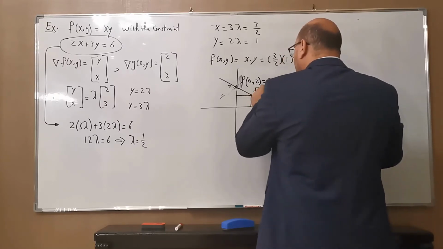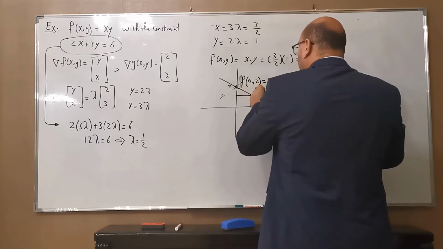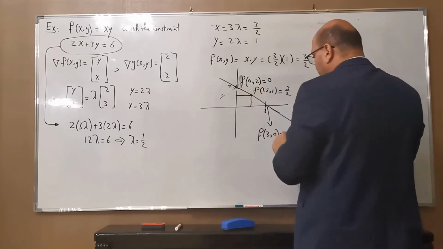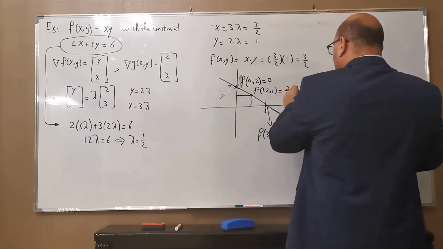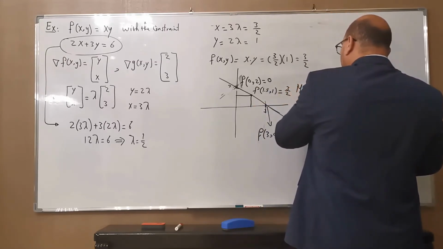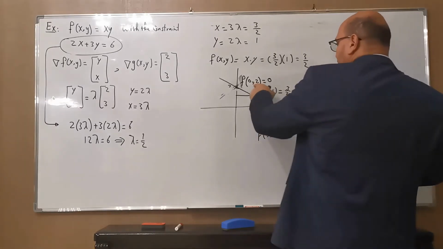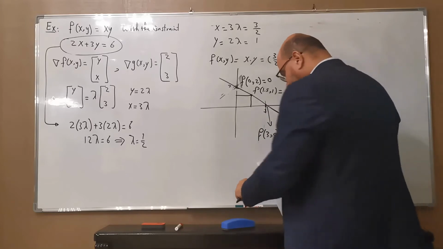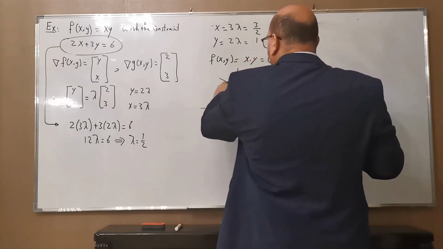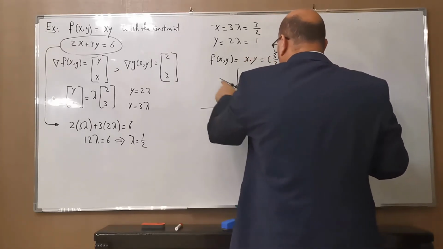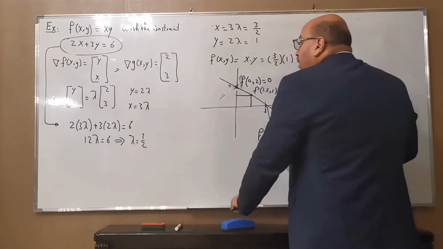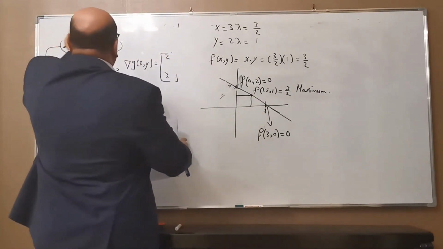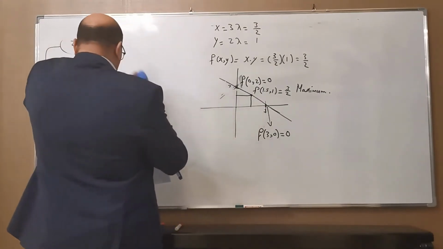But f of 1.5 and 1 equals 3/2. So I would assume that this one is a maximum. You have zeros here, you have this value here. Okay? So probably you'll have negative values here and here. Okay, so this is a solution for an optimum point with Lagrange multiplier.